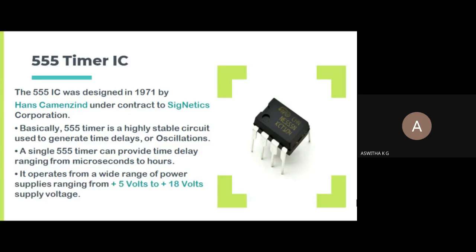A single 555 timer can provide time delay ranging from microseconds to hours. 555 timer got its name from three 5 kilo ohm resistors that are used in a voltage divider pattern. It works as a square waveform generator with duty cycle varying from 50% to 100%. It operates from a wide range of power supplies ranging from plus 5 volts to plus 18 volt supply voltage.